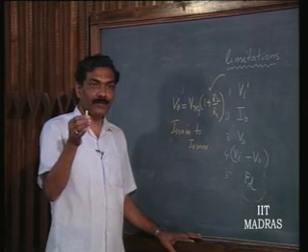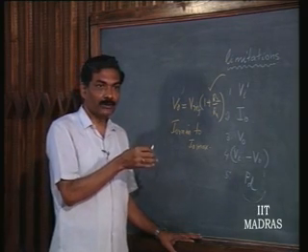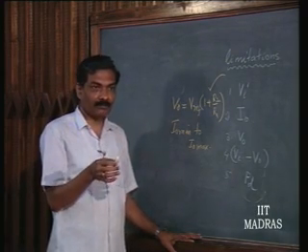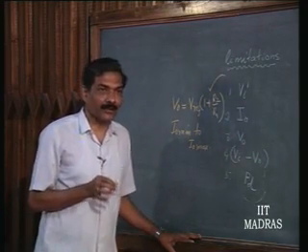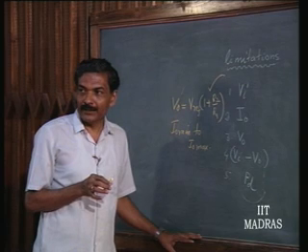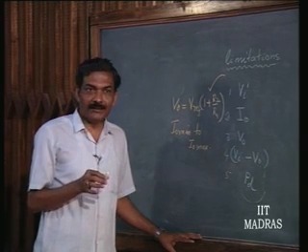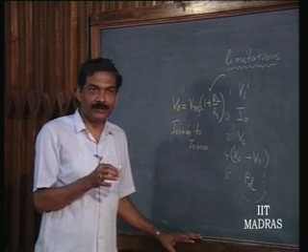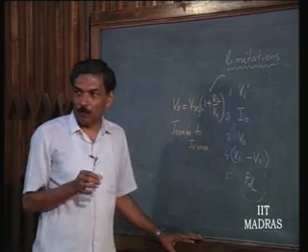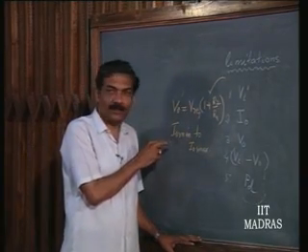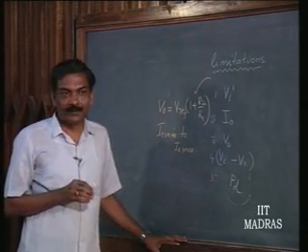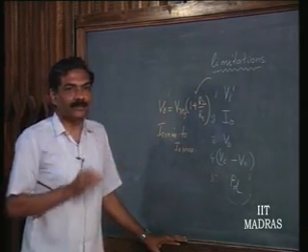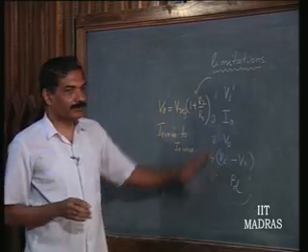V in may be changing from V in minimum to V in maximum. Now, does this circuit work satisfactorily when V in changes from V in minimum to V in maximum, when I naught in turn changes from I naught minimum to I naught maximum? This is something that we have to investigate. That is what we are going to do now.